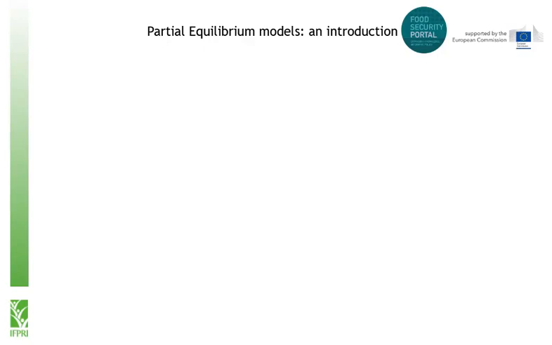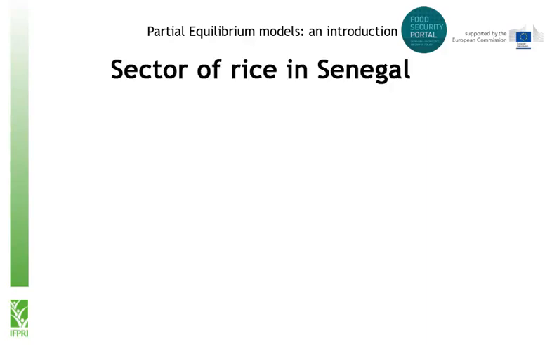So let us consider the simplest design of a partial equilibrium model. This is one sector in one country, and I take the example of rice in Senegal. This is our object of study.